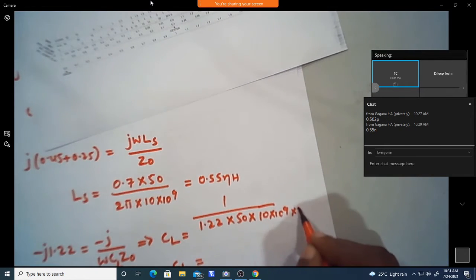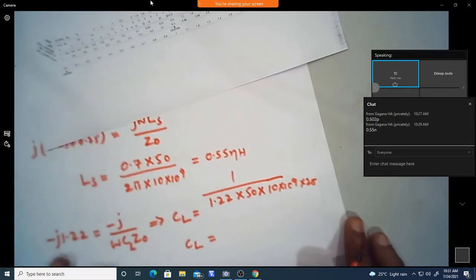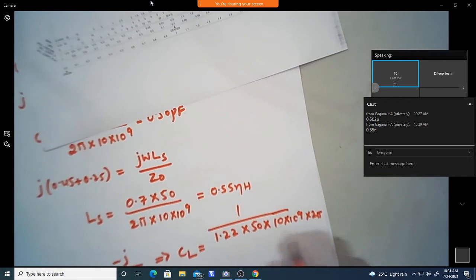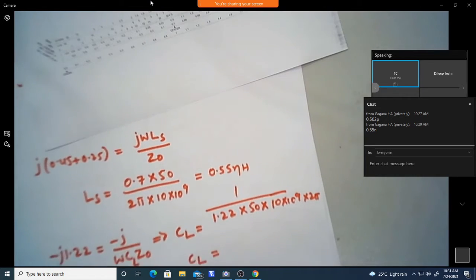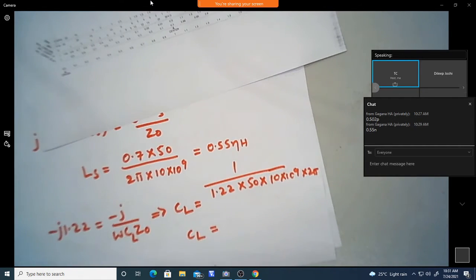So this is the CL value. 0.26 picofarad. Okay.